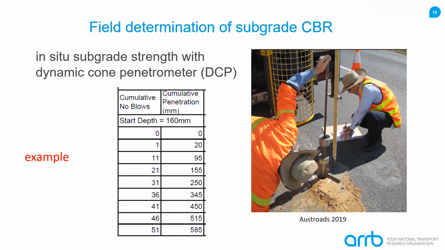When you look at the values, it is commonly lower at the surface of the subgrade, perhaps due to the fact that the moisture contents are higher there than they are at depth. So you would look at the variation with depth and the designer would make some judgment about whether there is any reason not to use the top 300 millimeters.